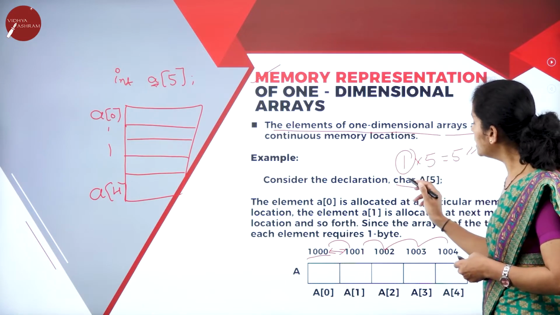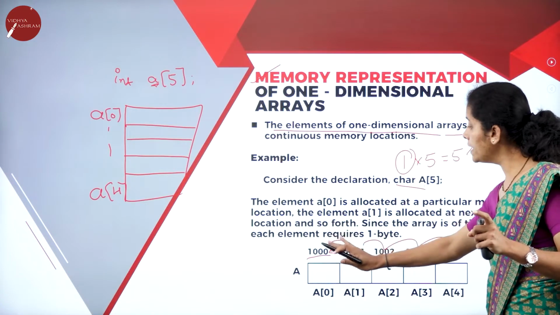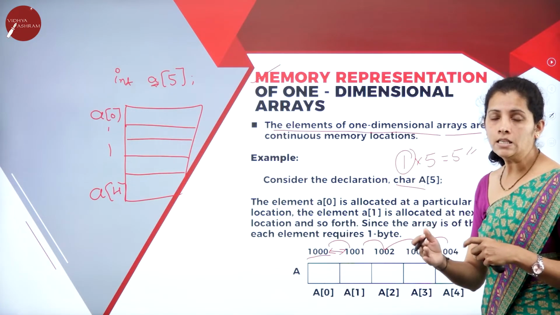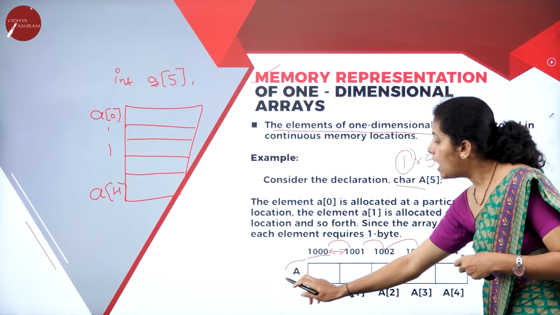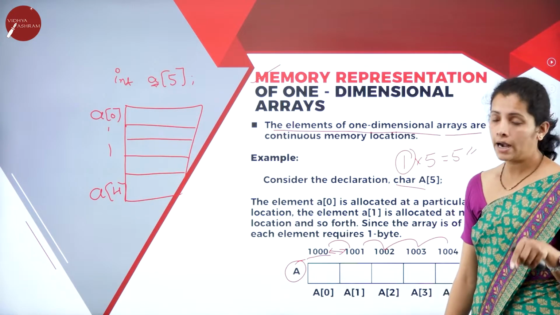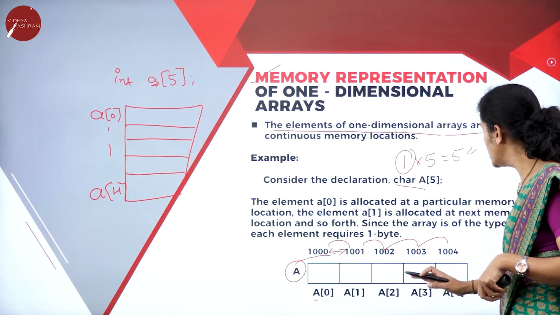So the character data type is 1 byte. For that reason, the index is going to increase by 1 each time. So here array A is nothing but array name and array of 0, array of 1, 2, 3 and 4.